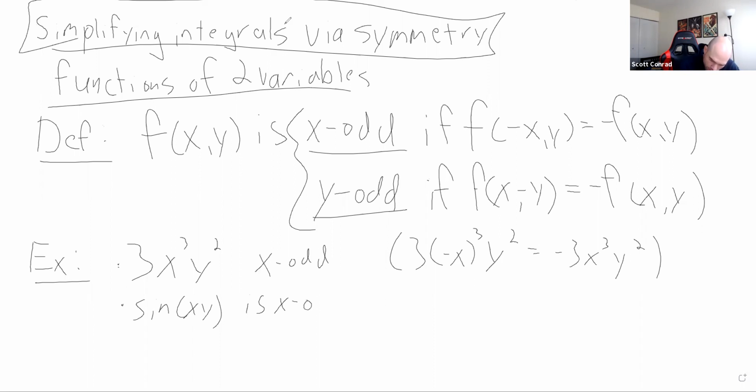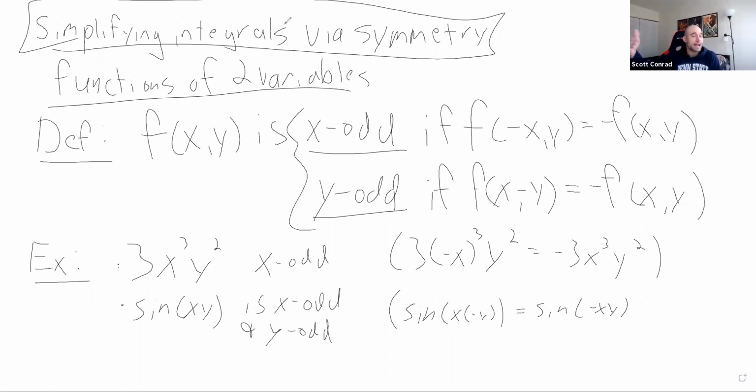Sine of xy is x odd and y odd, so it's both, right? So for instance, for y, if we change y to negative y, we get sine of x times negative y, which is sine of negative xy.